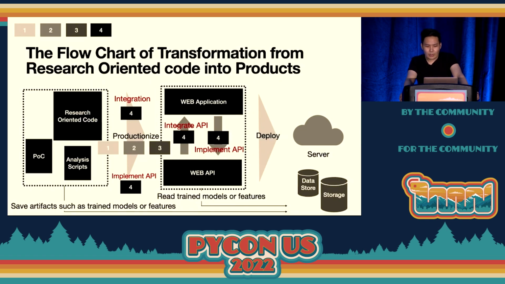Third is that when we use a ready-made API or third-party API, we normally integrate it into a web application. The last one is that when the model or the calculation code is already integrated into a web application, we extract this part of the code and make it an API for public use. So this talk focuses on developing web API.